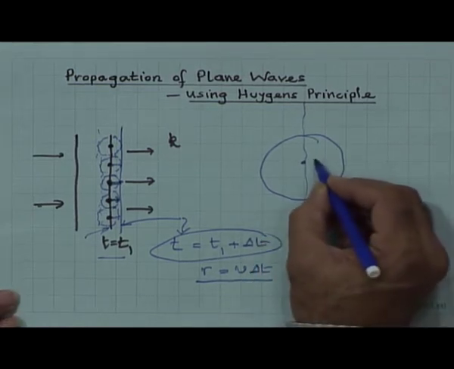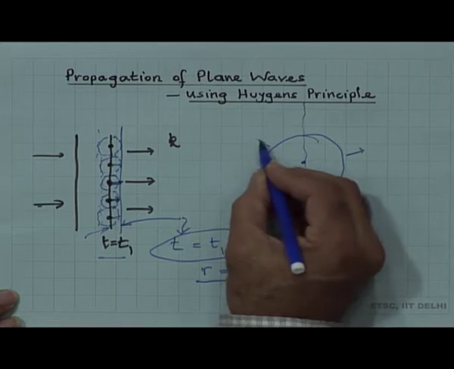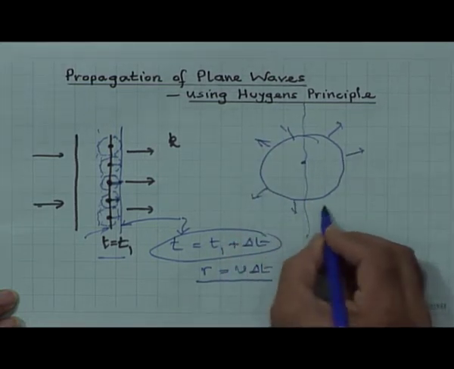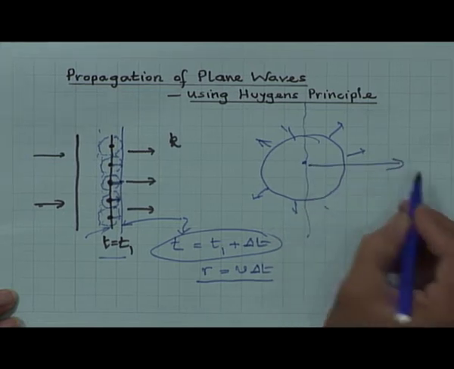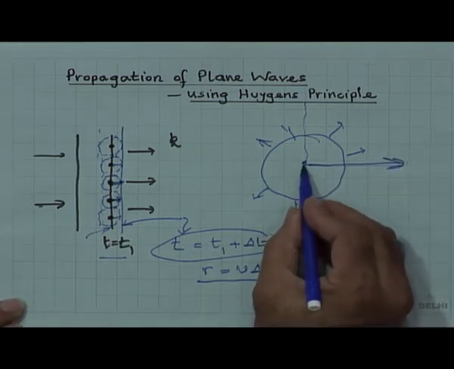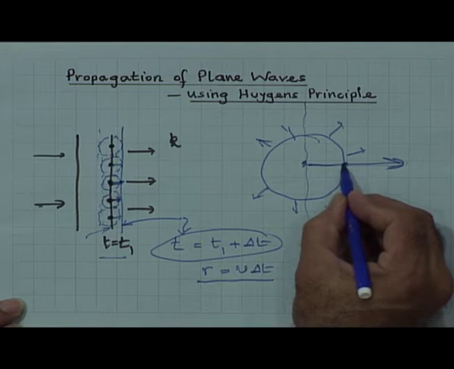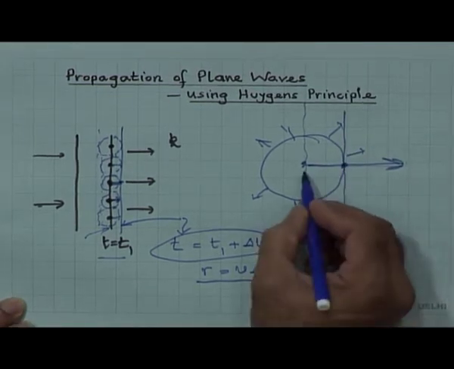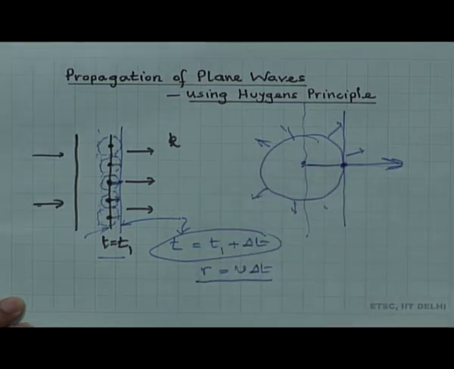So, this spherical wave is propagating outwards, but if the wave is propagating in this direction, Huygens postulated that the amplitude would be finite only here, at the point of the tangent, and there is no amplitude anywhere else.